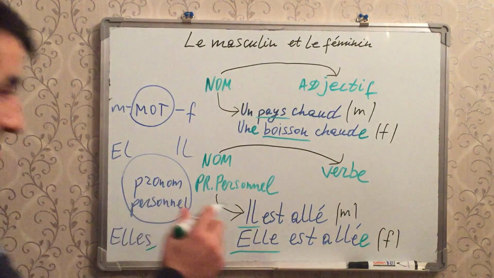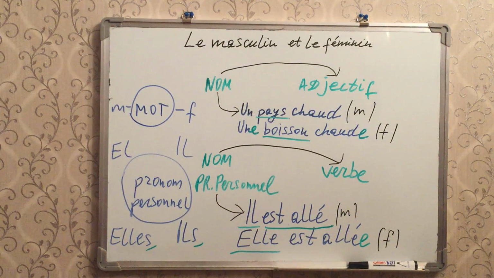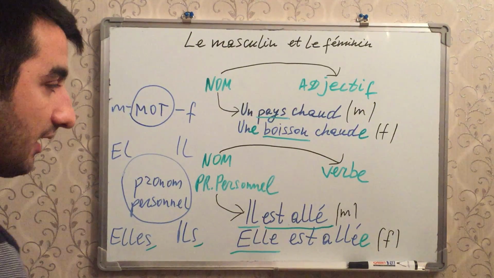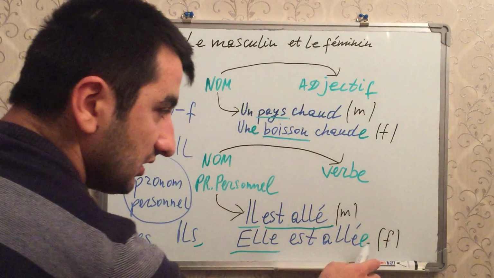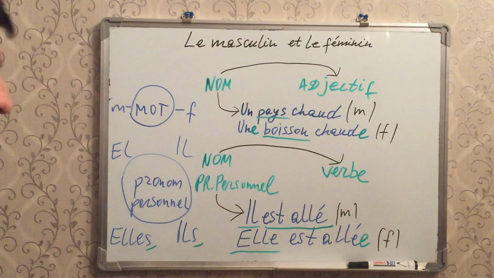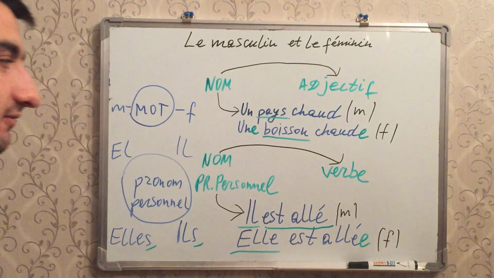Okay, so by the way, it has been in the past tense. Okay, this sentence is in the past tense. Okay, so elle est allée. Elle is she, in a feminine form, and allée also in a feminine form. So you see here, like at the first one, we had added the letter e to the end of the word.